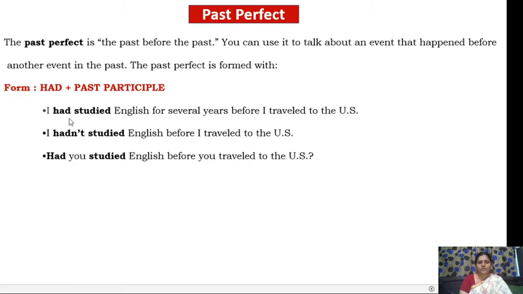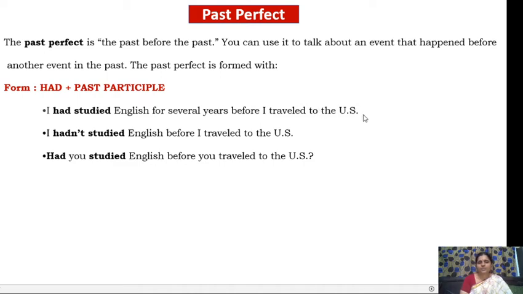See this example. I had studied English for several years before I traveled to the US. So there are two actions here. Before one action, the other happened, but both happened in the past. So we are referring to two past actions, one happened before the other. Like I had studied English, this happened first, and later I traveled to the US.